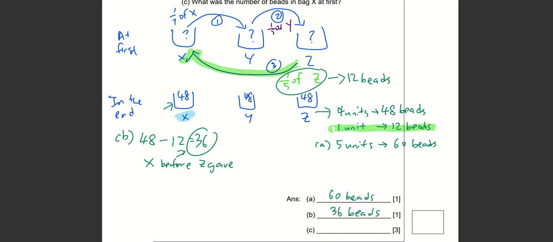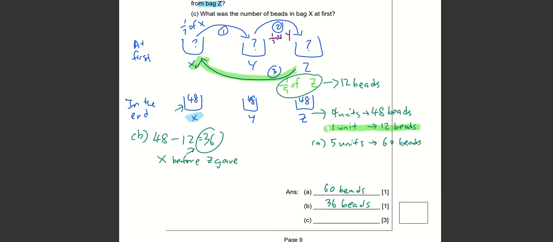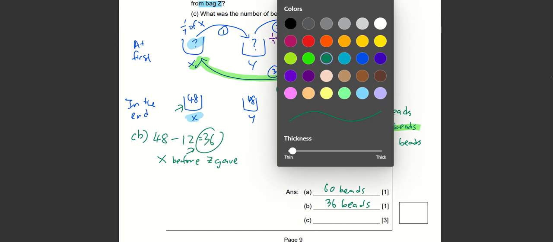The last thing, what was the number of bits in bag X at first? That means at first here, I want to find this number. Then I need to work backwards again.